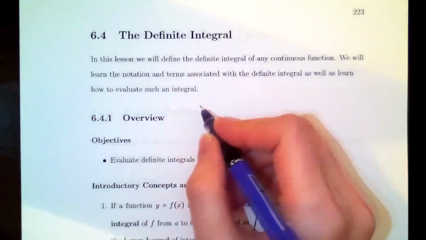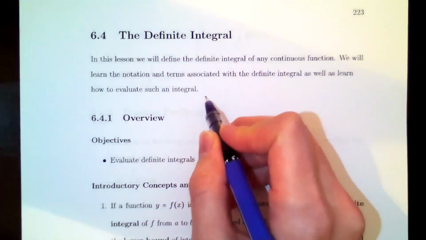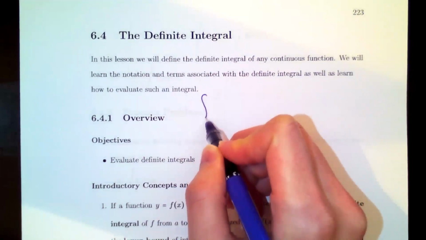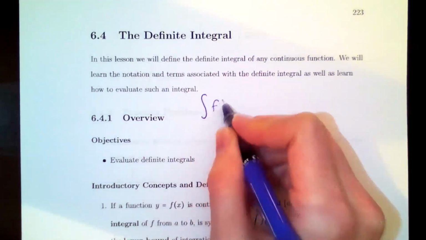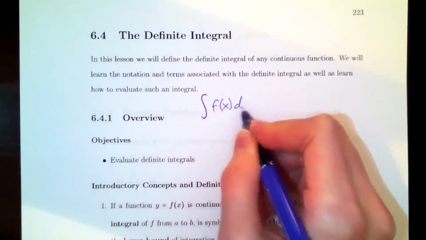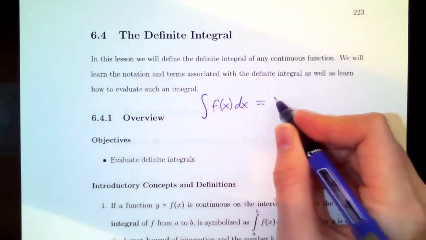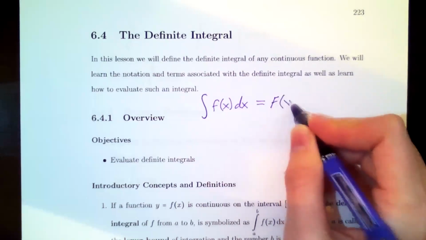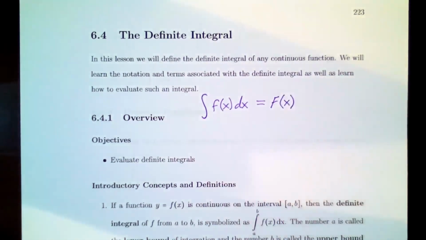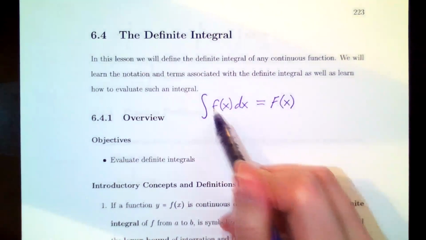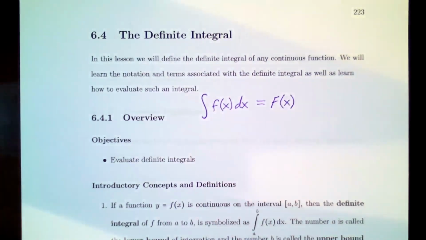So in section 6.1 and 6.2, we talked about how to integrate functions. Some little f dx, you integrate that, and the result is some function we called big F, which is the integral of the little function f that you're integrating.